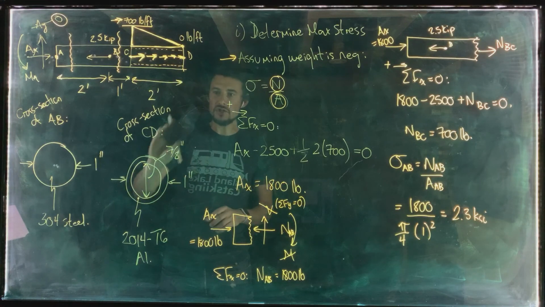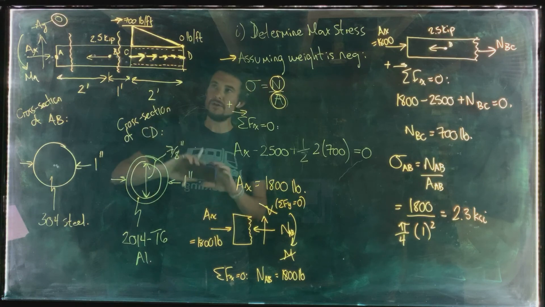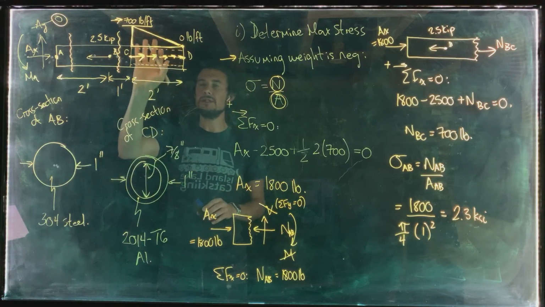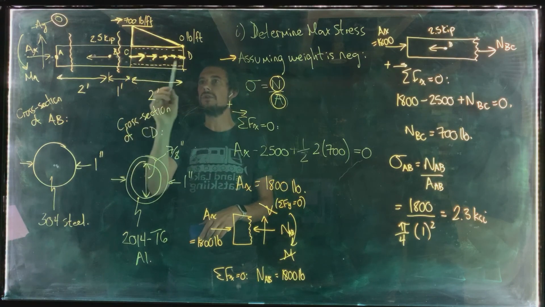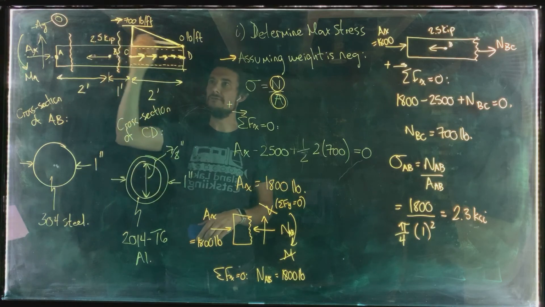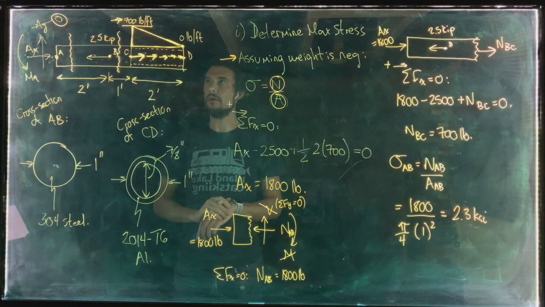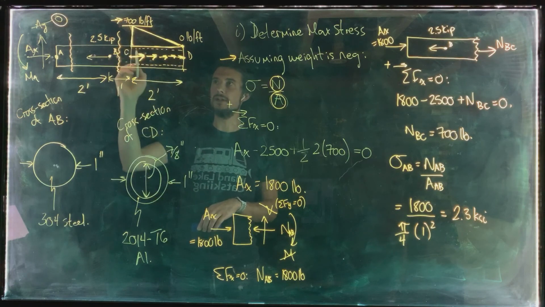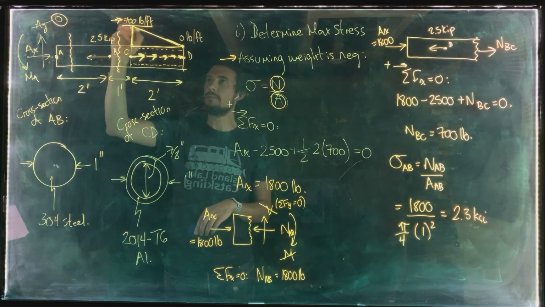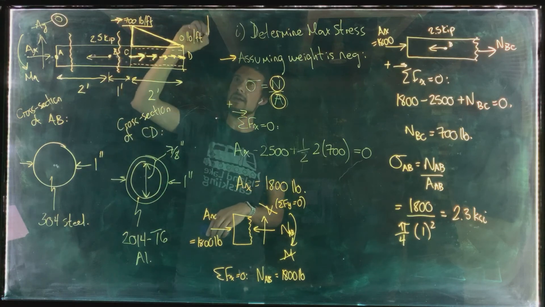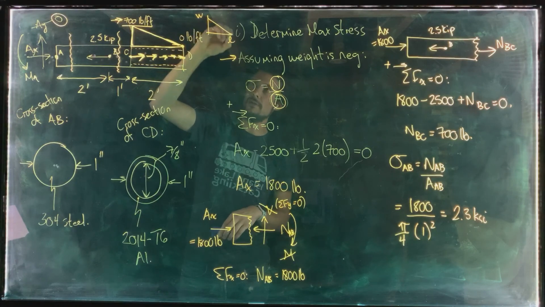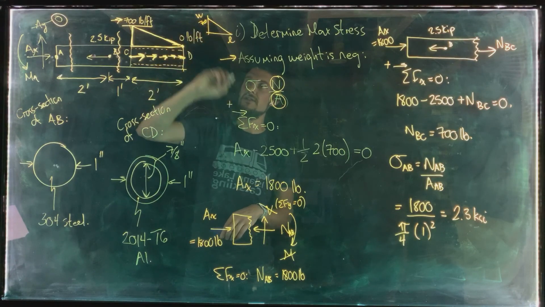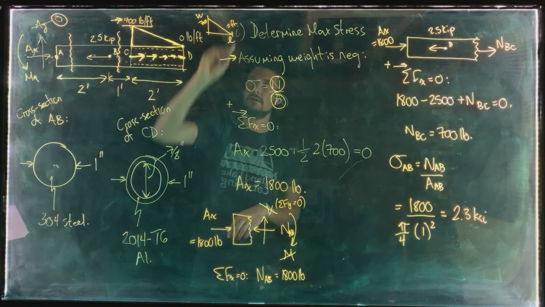No, and I'm glad you asked, because this is the first time a lot of you will have seen an axial load that's changing represented in this format. So it's quite common to show decreasing vectors and then do a little sketch above to show how that load changes over distance, and in this case show that it's linear. So this little sketch up top here is exactly the same as that XY plot that I did with W versus length L and the load decreasing from 700 to 0 over a length of 2 feet.